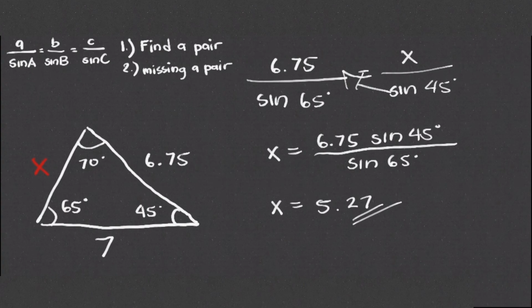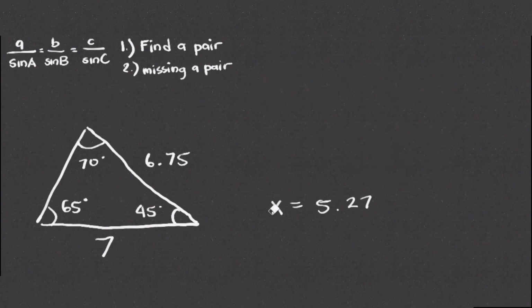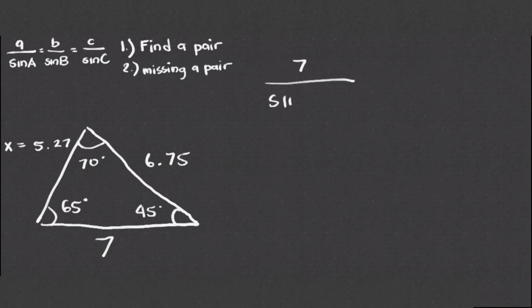To check if we got the right answer, let's try to use the other pair, the 70 degrees and the 7. So 7 over sine 70 degrees is equal to the x, or the missing side, over its angle, sine 45 degrees.